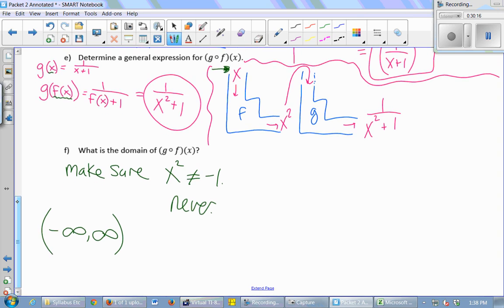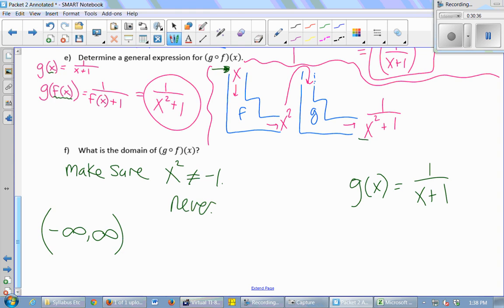Because the g machine is 1 over x plus 1, g of x is 1 over x plus 1. You look at each machine separately. You have to make sure, because a composition is actually two machines run in succession.